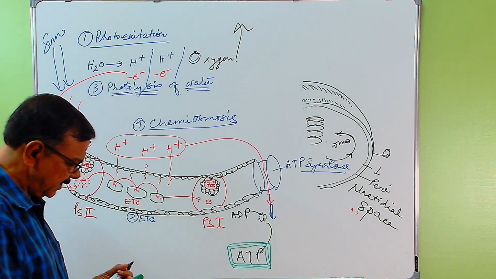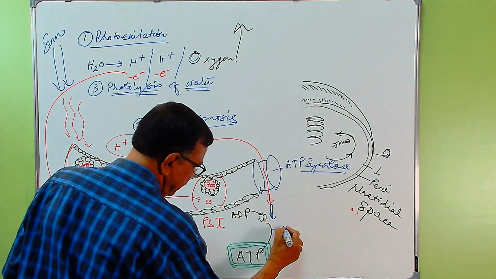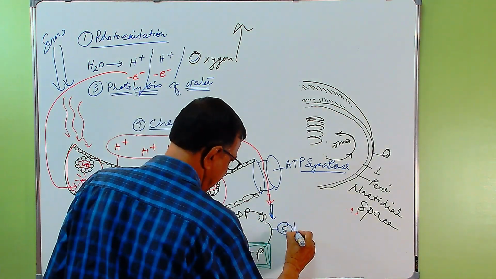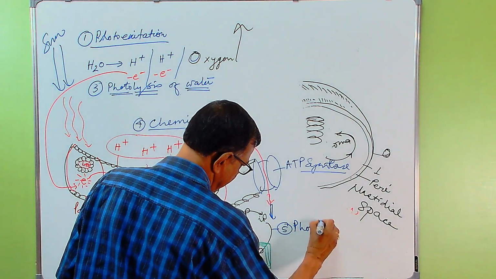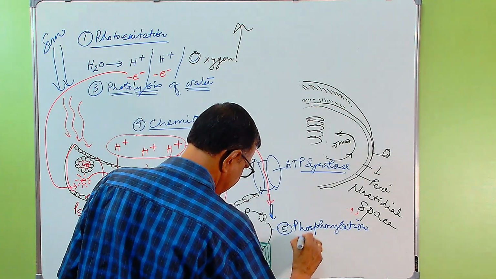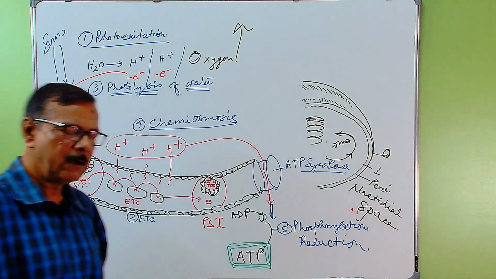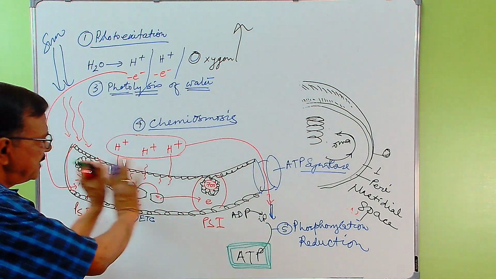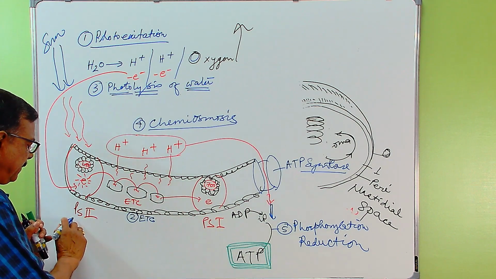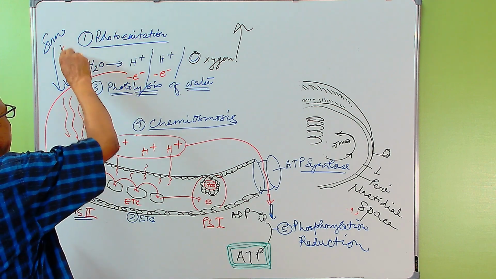Next, this ATP is produced, you write it 1, 2, 3, 4, 5. Phosphorylation or reduction. These are PS1, PS2, sorry. These are PS2. And whenever light is falling on the PS2, light is also falling here itself.